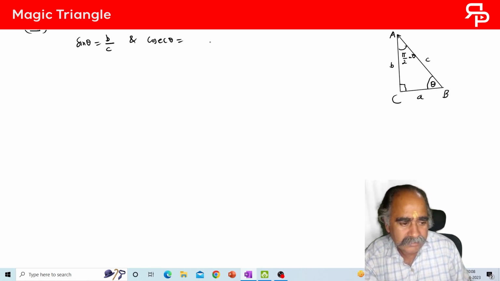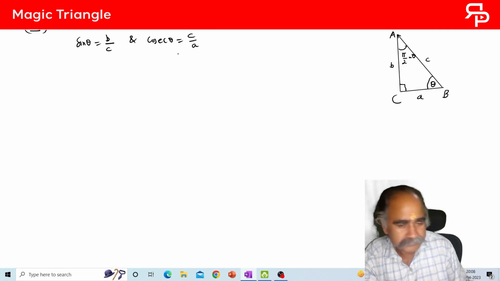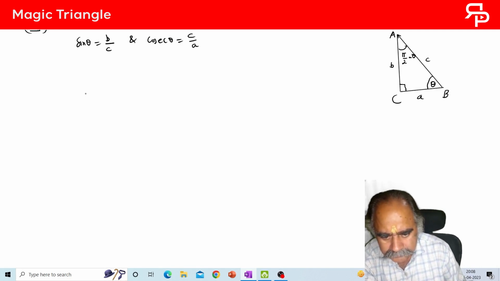Cosec is C by A. Therefore, theta is what? Sine inverse. When you are transferring sine to that side, it becomes sine inverse B by C.